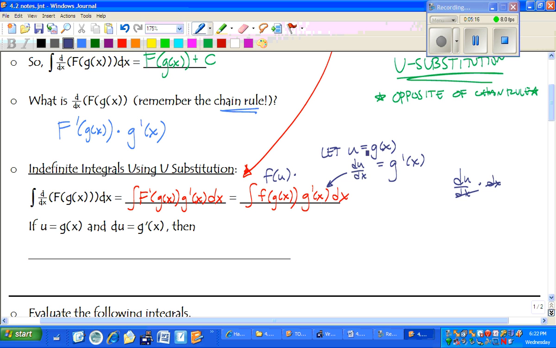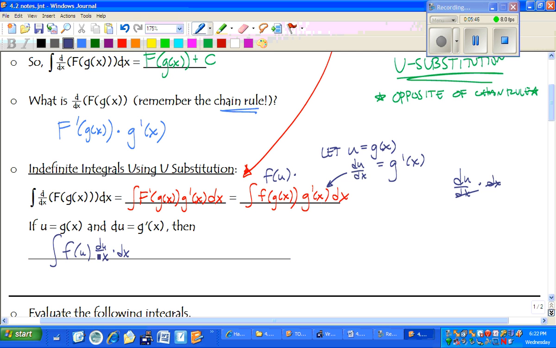So by doing this little u substitution, we're taking this big ugly mess and simplifying it a little bit. And it kind of tells us down here what we just said. We have the antiderivative of f of u times the derivative of g of x. Instead of that, we have du dx times dx.